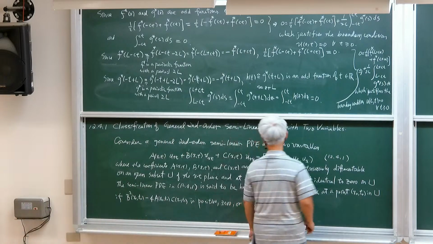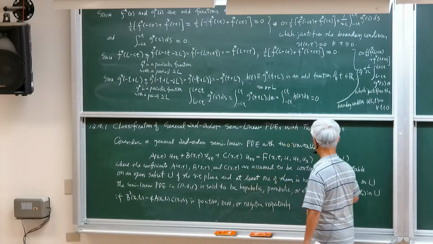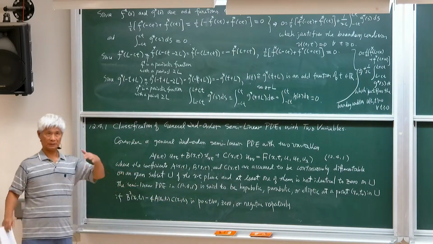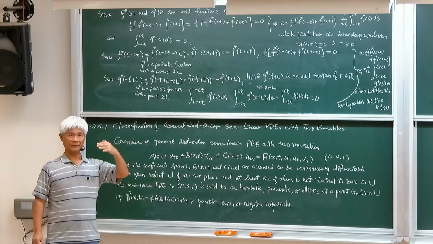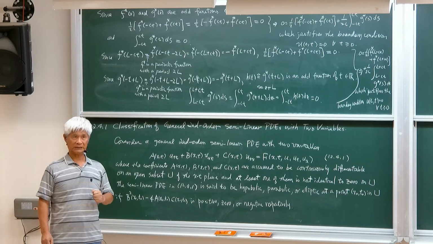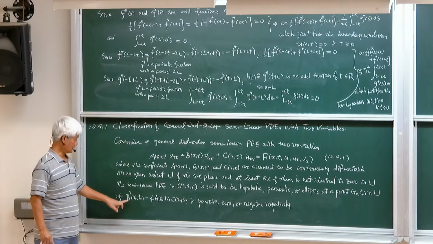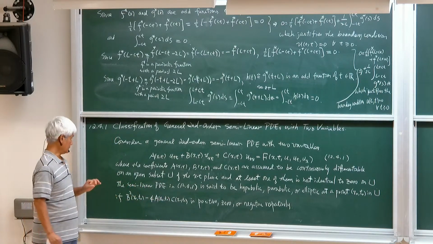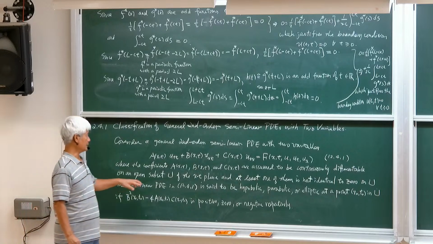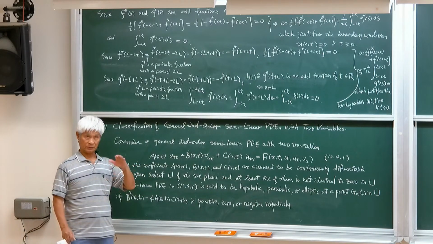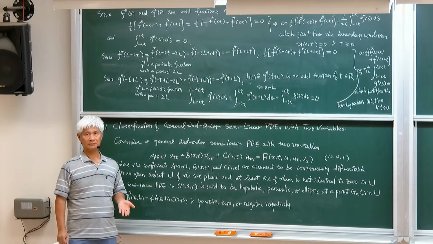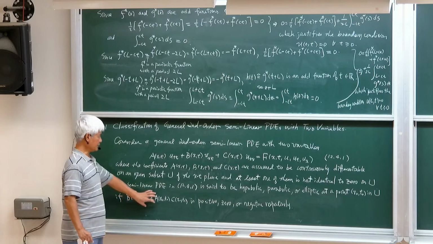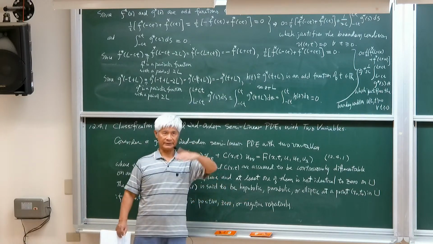We have assumed that A, B, C are continuously differentiable, so A, B, C will be continuous functions, as we learned from calculus. Differentiability implies continuity. So this discriminant, b squared minus 4ac, is a function of x and t, so that it is also a continuous function. Okay, so the value can be positive, 0, and negative, right?